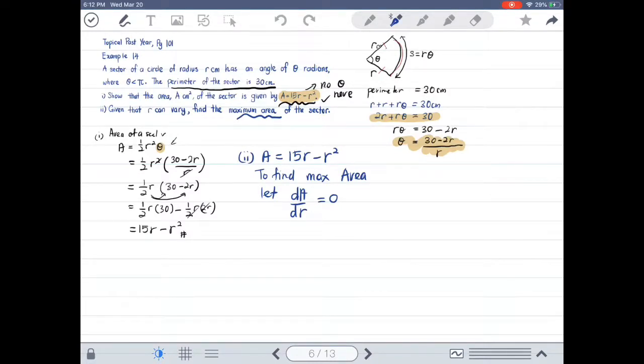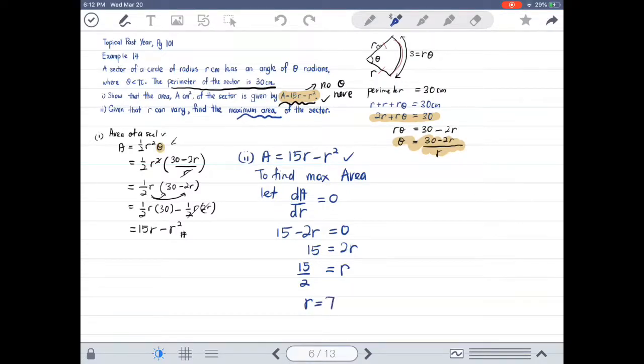Hence, differentiate this function in terms of r. You should get 15 minus 2r equals 0. 15 is equal to 2r, so that r is equal to 15 divided by 2.